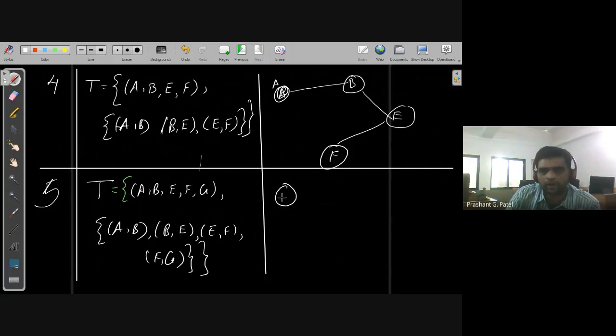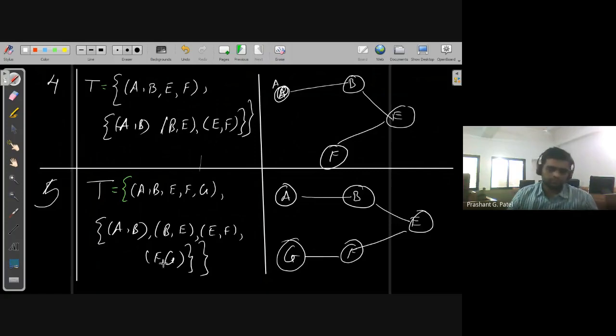And the corresponding graph you will have is A, B, E, F, and the next one, G, is added to that.